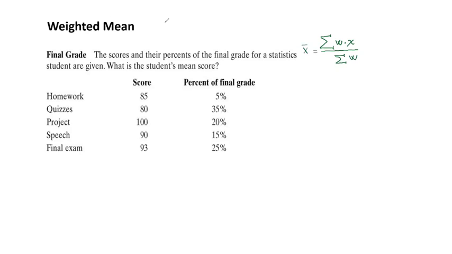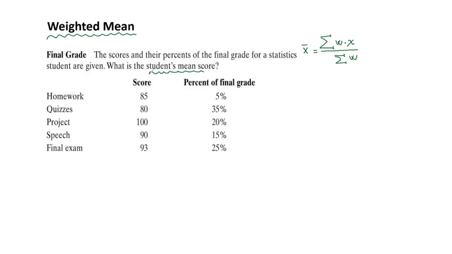So this is the weighted mean because each data value comes with a different weight. This is actually a situation that is used in education quite a lot because all grades are weighted. The scores and their percents of the final grade for a statistics student are given. What is the student's mean score?